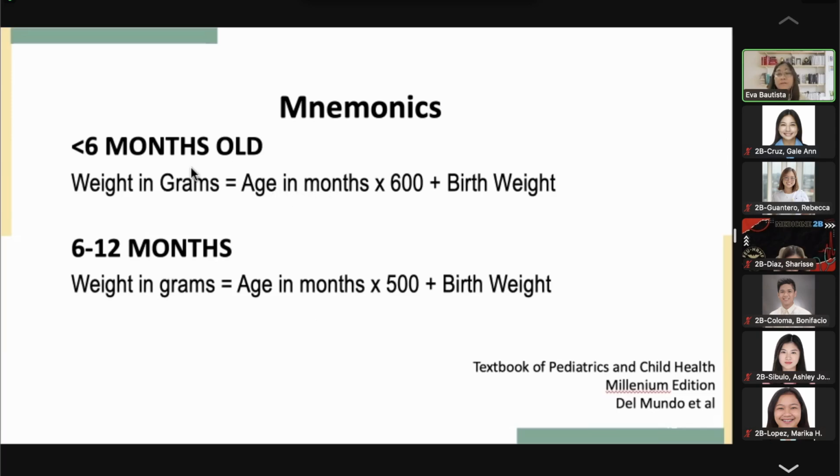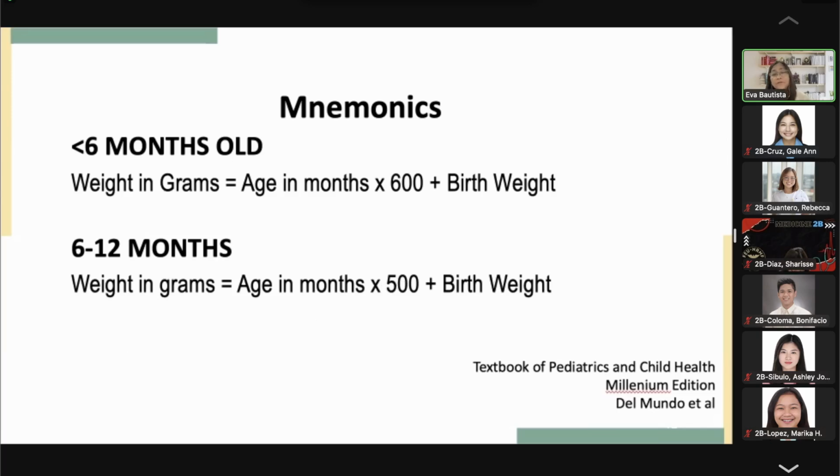Age in months, if less than 6 months, times a fixed value of 600 grams plus the birth weight in grams. Then we get the expected weight of the infant.